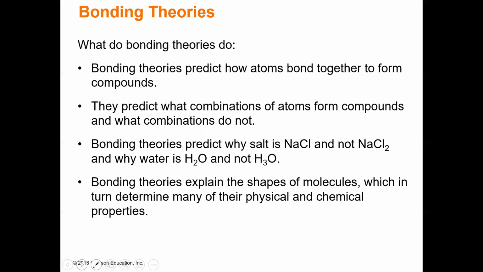They will predict why salt ends up being represented as NaCl, that is one sodium ion for every one chloride ion, and not NaCl2, that is not one sodium for every two chloride ions. And why water is represented by H2O and not H3O. So these bonding theories explain the shapes of molecules, which in turn determine many other physical and chemical properties that we see.